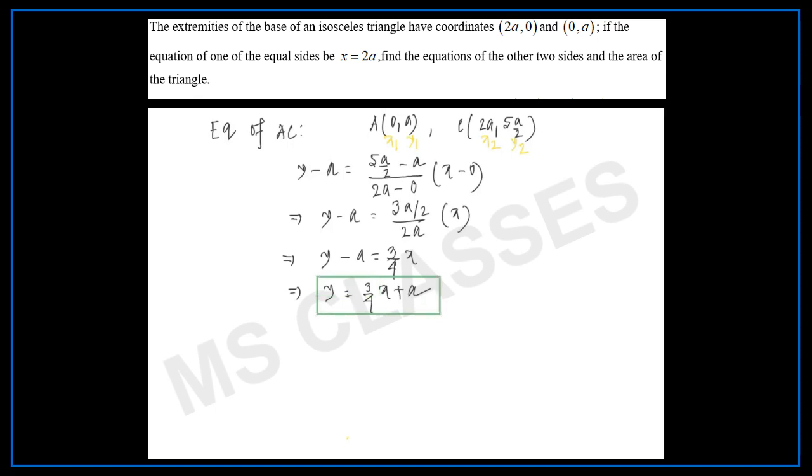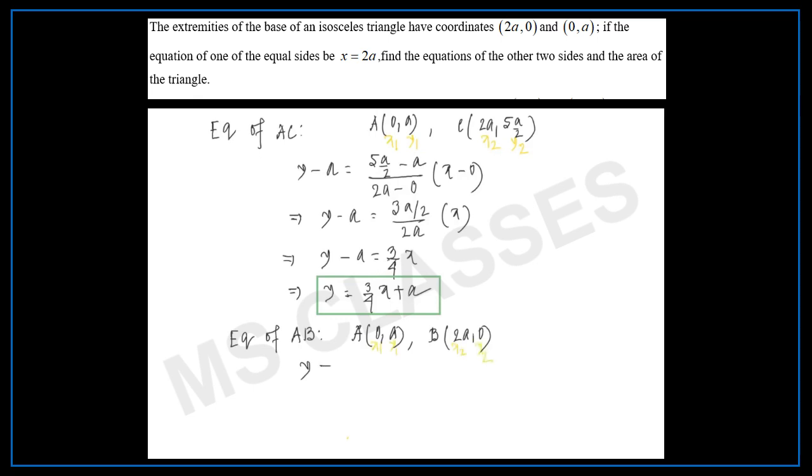Now similarly we can find the equation of AB. A is 0, comma a, B is 2a, comma 0. Therefore the equation will be again the same thing, children. We can consider this one as x1, this as y1, this as x2, this as y2.